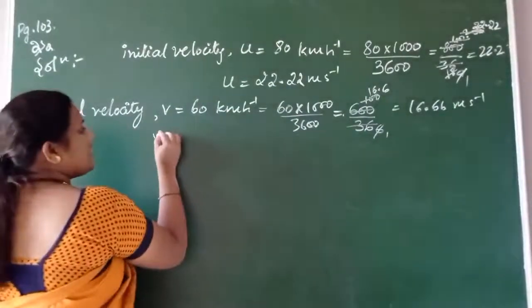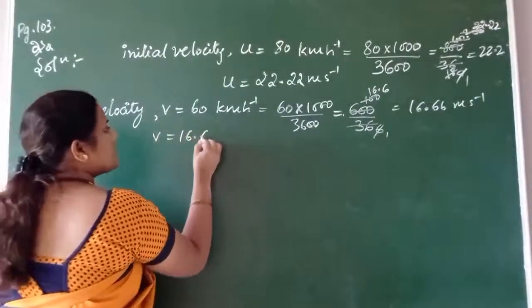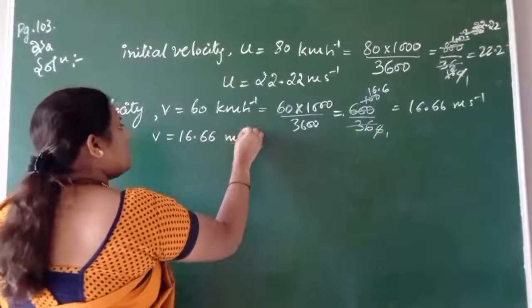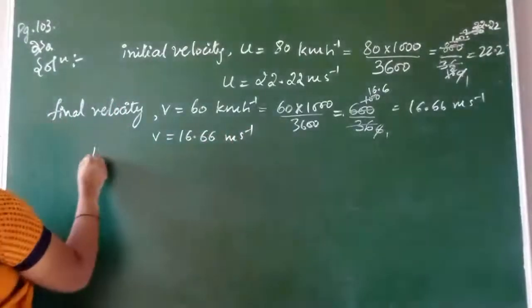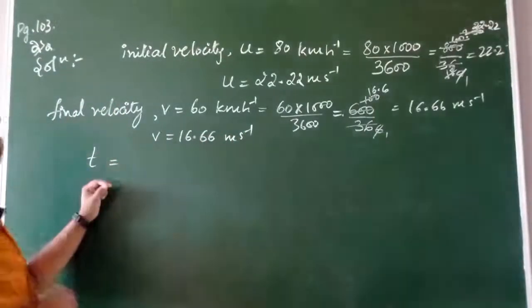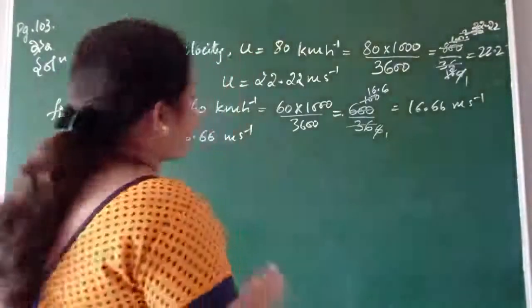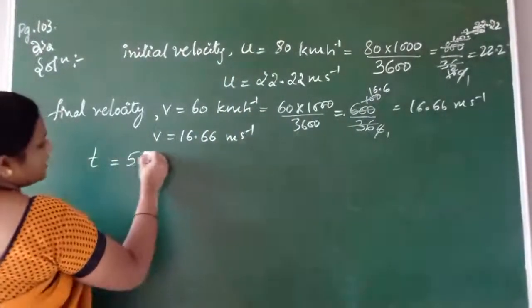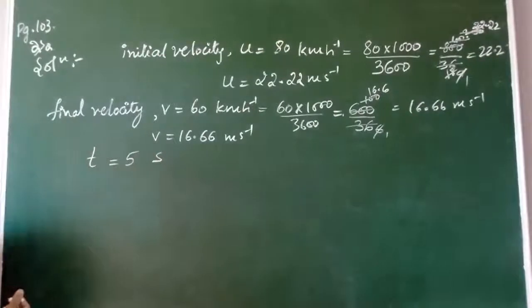So what is the V value, children? 16.66 meter per second. The timing is what? How much timing, children? That is 5 seconds. In the question they have mentioned 5 seconds.